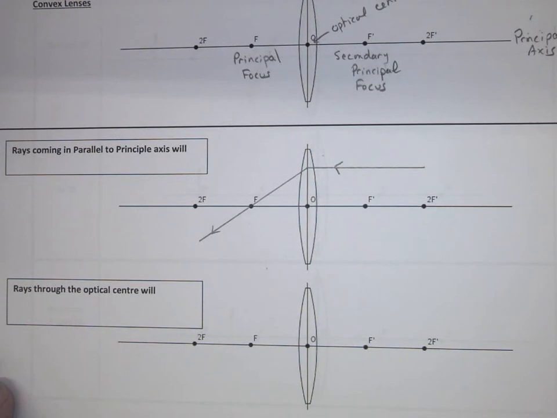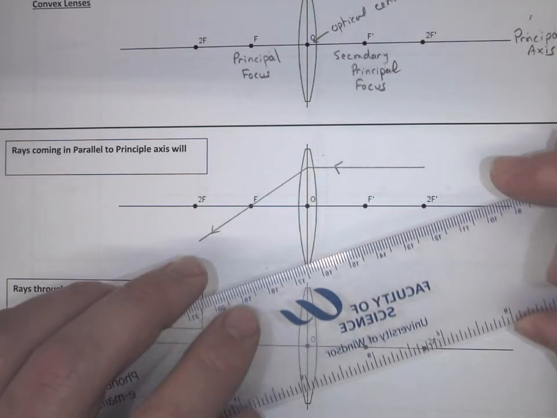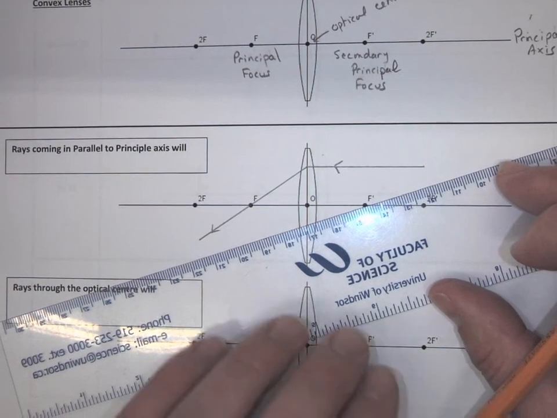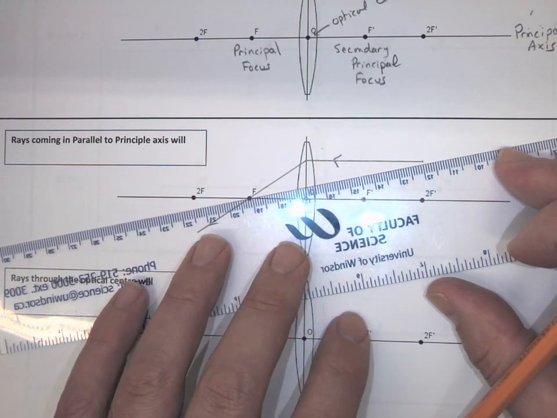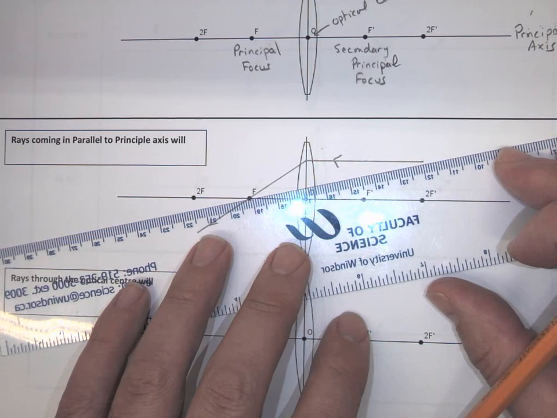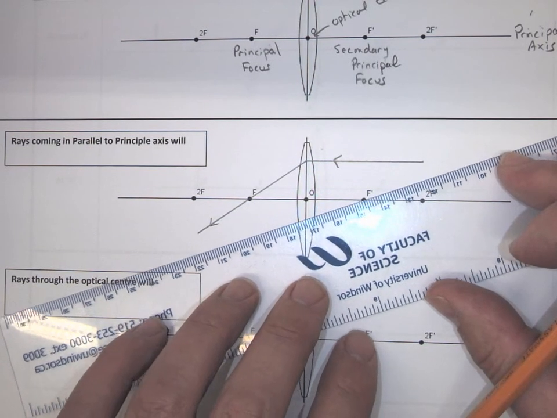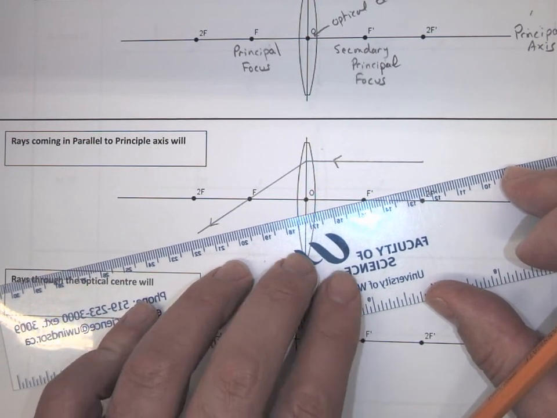Now, we can draw one additional ray that also has a parallel component to it, and that would be a ray that goes through the secondary focus. We never draw a ray through the primary focus. We only ever draw a ray through the secondary focus.